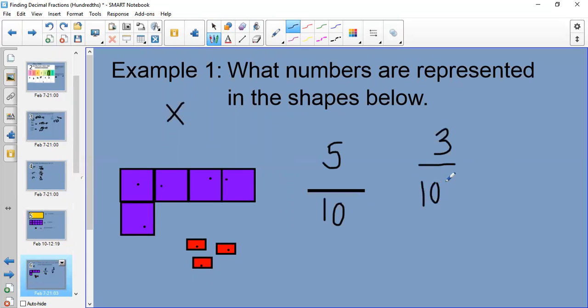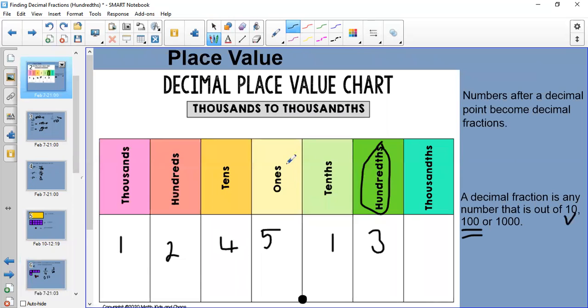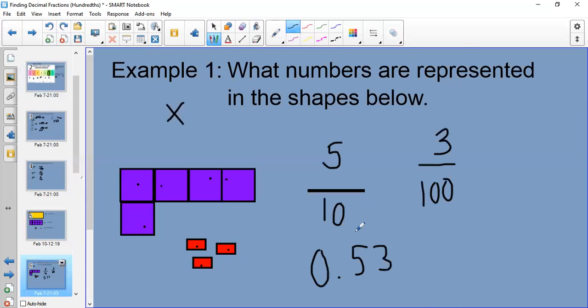So to put that into a decimal, it is just the same as saying 0.53. Because this column here is our ones column. So if we look back at our place value, this is essentially our ones column, and we know that there's nothing there.